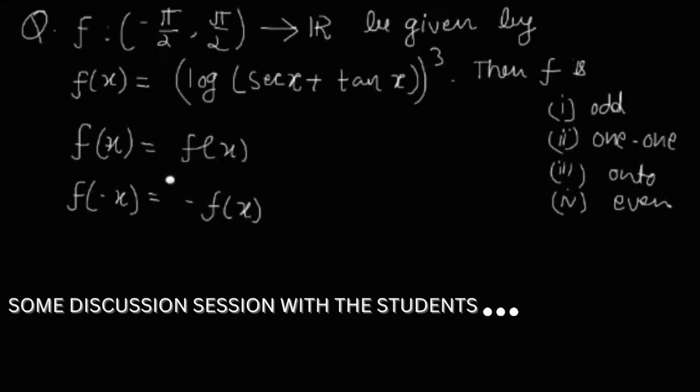Now, a function cannot be both odd and even unless f of x is 0. If you equate these, you'll find that f of x is 0. So it's either odd or even. Clearly, f of x is not 0.